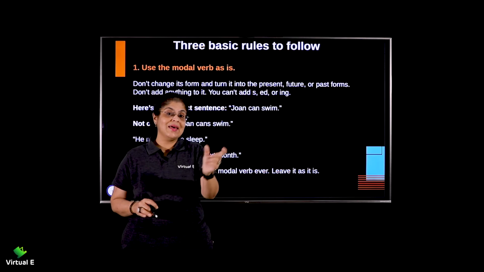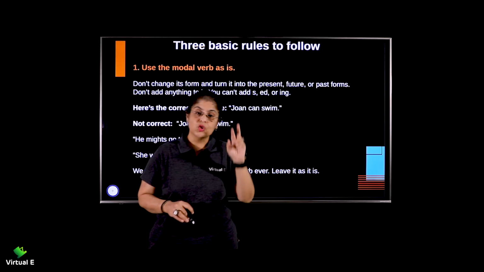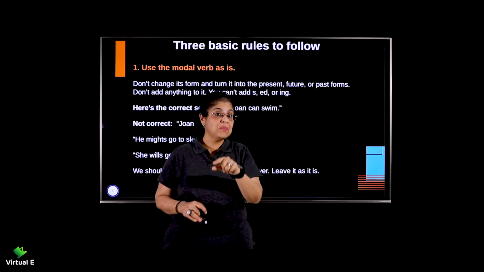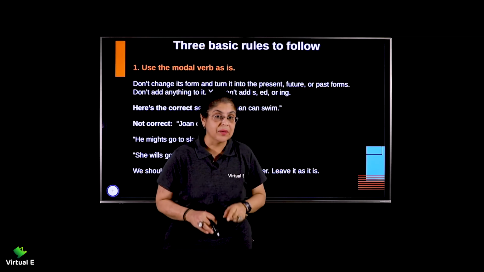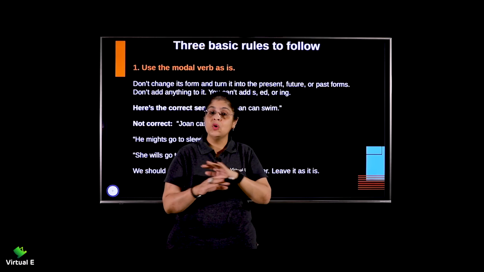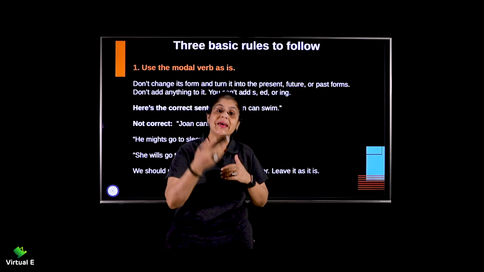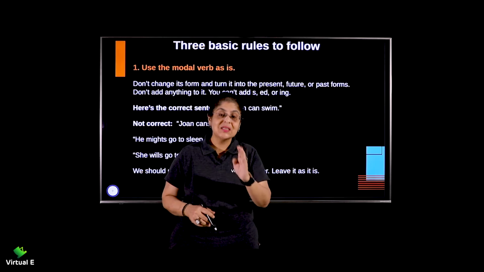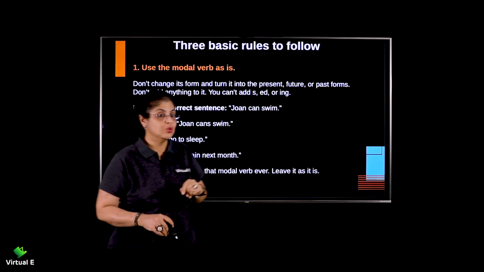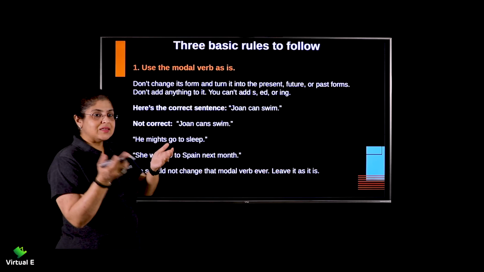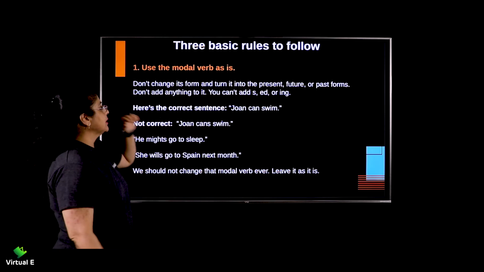So, I can swim very well. So, the modal verb is helping the main verb swim. It has no existence of its own. It only helps the main verb. So, these are how modal verbs are used. A little bit of clarity, and we will see further.